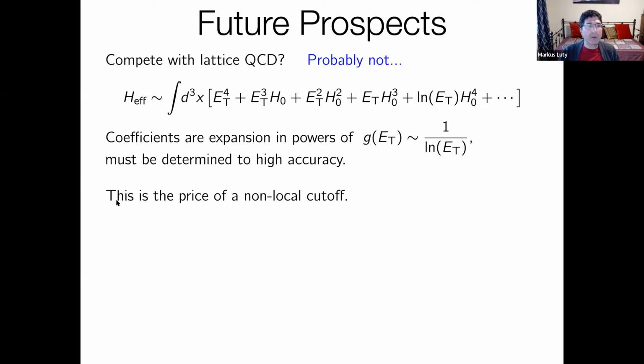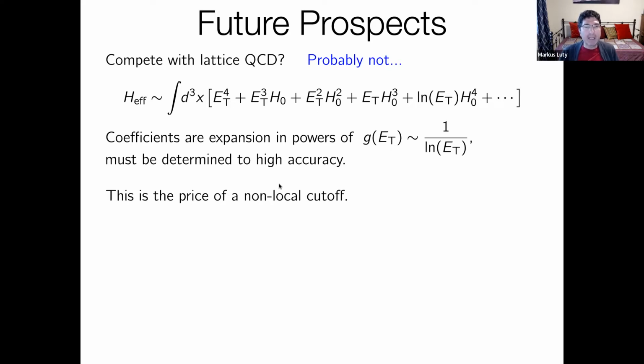Now this, I think, is just the price of a non-local cutoff, because these are very non-local terms. They are under control. It's not infinitely bad because there's a finite number of these. So there is something very non-trivial that happened here, but I don't think it's enough. Maybe someday with some quantum computer in the year 5050 or something, I don't know.